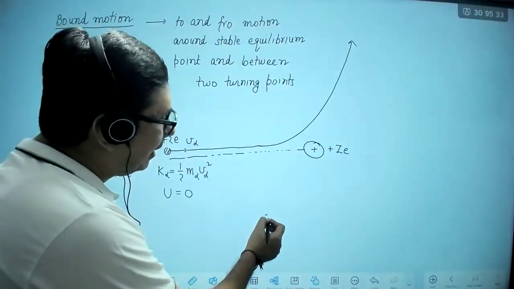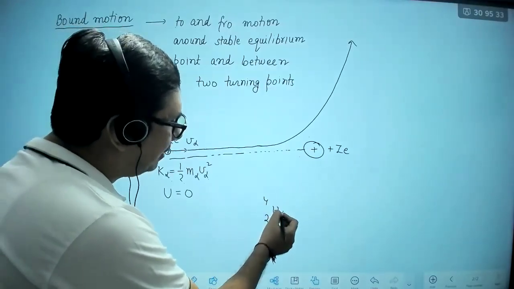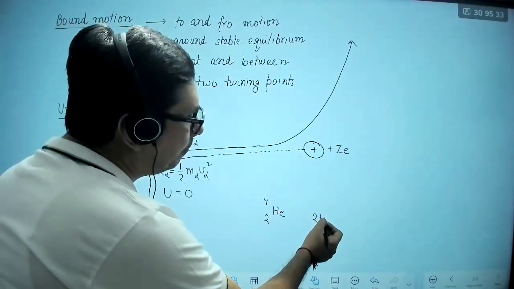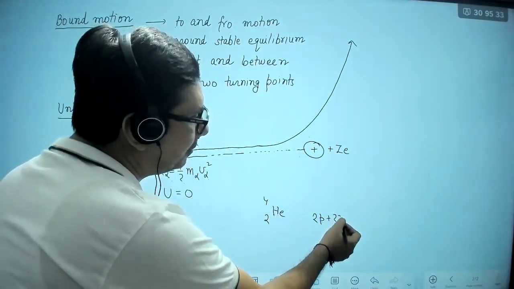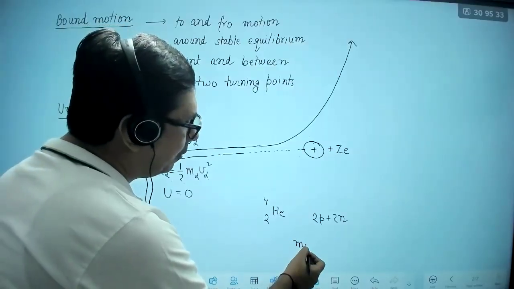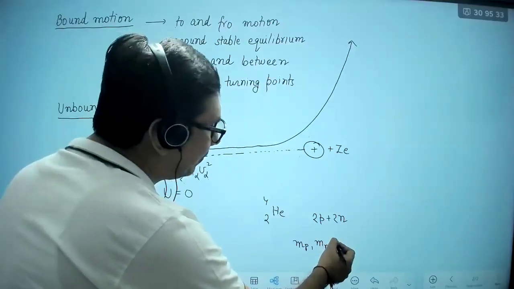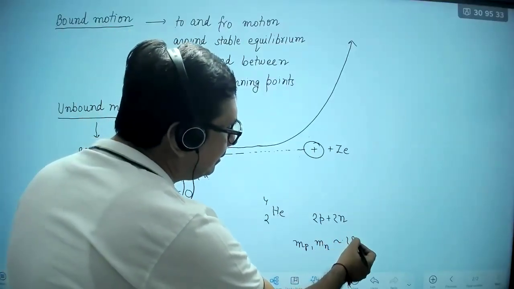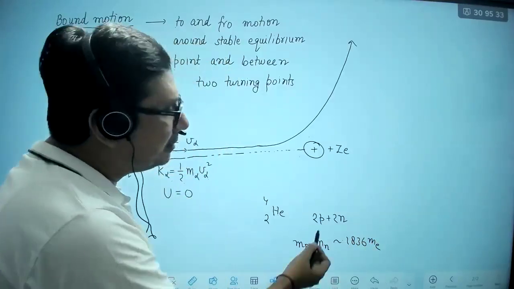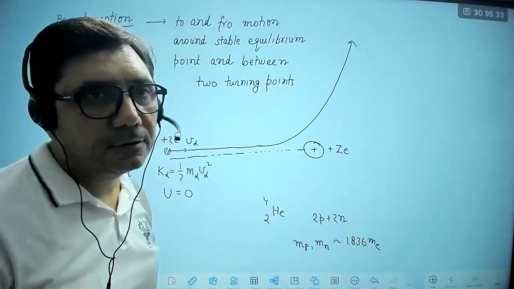This alpha is the 2He4 nucleus, so 2 protons plus 2 neutrons will be there. The mass of the proton or neutron is roughly 1836 times the mass of the electron. So you can consider that this alpha particle is very, very heavy as compared to the electrons.